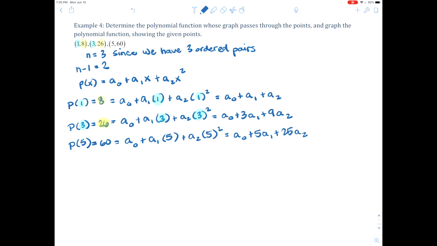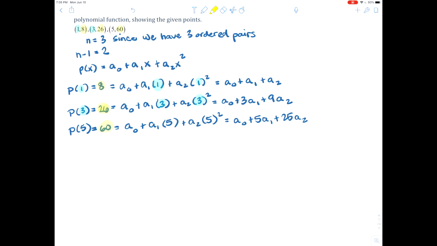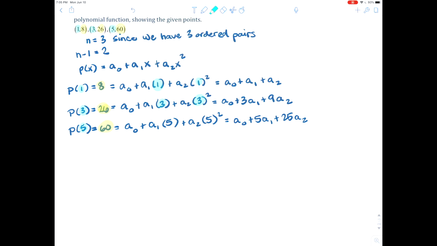Okay, well, let's put this in a system. Let's clean it up a bit. So this is just so you know where we got this. Our system, we're going to use the simplified coefficients.